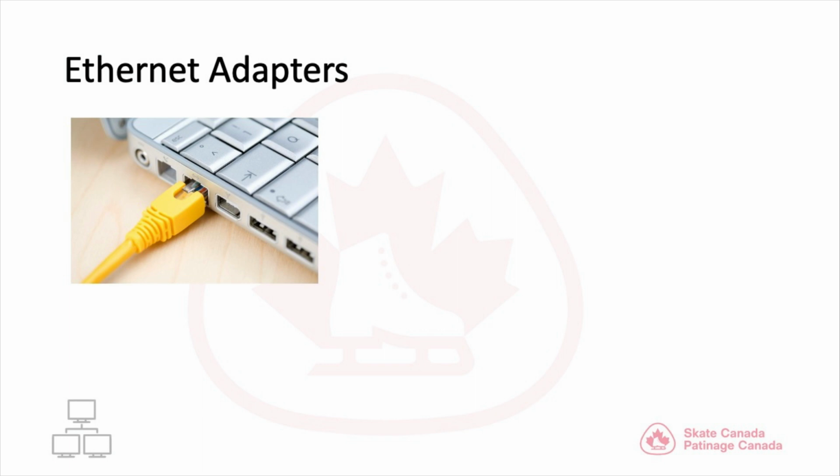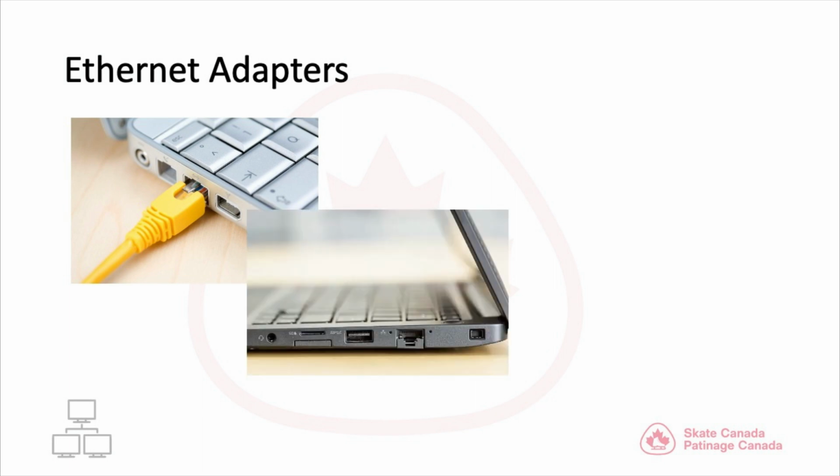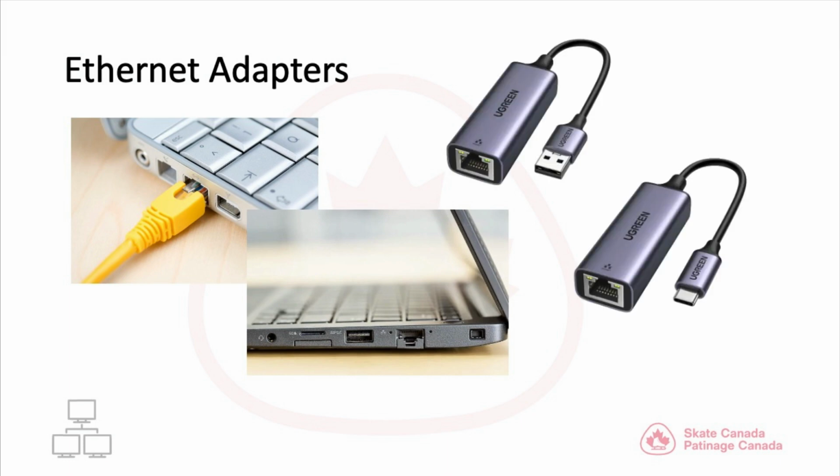Some laptops are slimmer than the height of an RJ45 connector, and therefore might either include an RJ45 Ethernet port with a flip-down lid, or may not include an Ethernet adapter at all. If your laptop doesn't have an Ethernet port, you can still connect it to a wired Ethernet network by adding an external network adapter, which can be connected to either your laptop's USB-A or USB-C port.